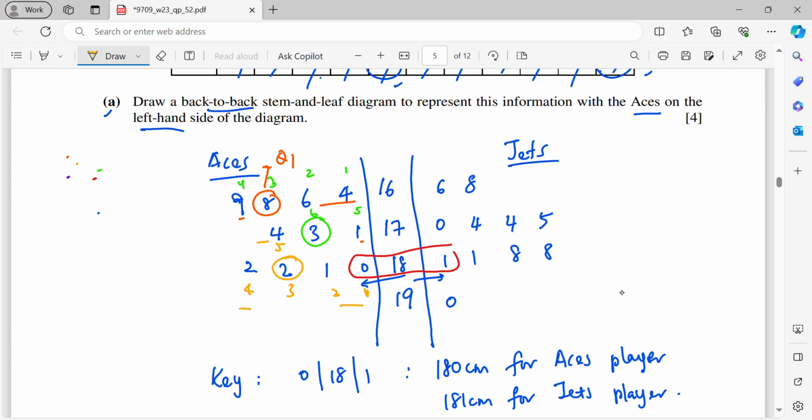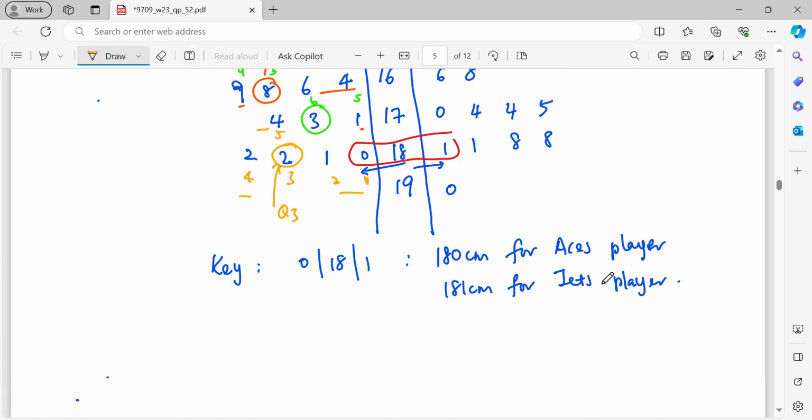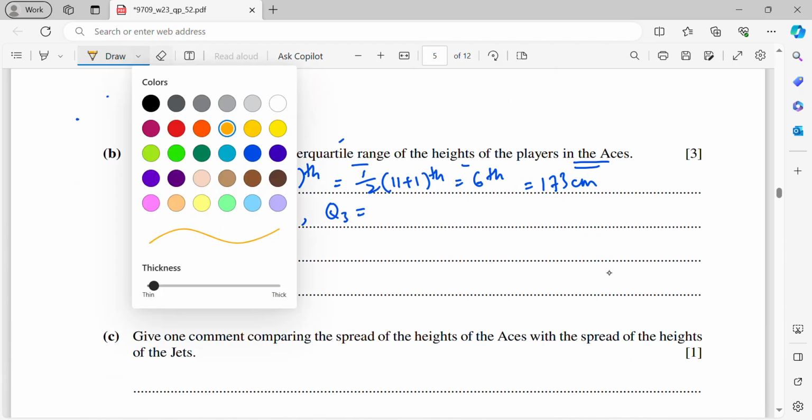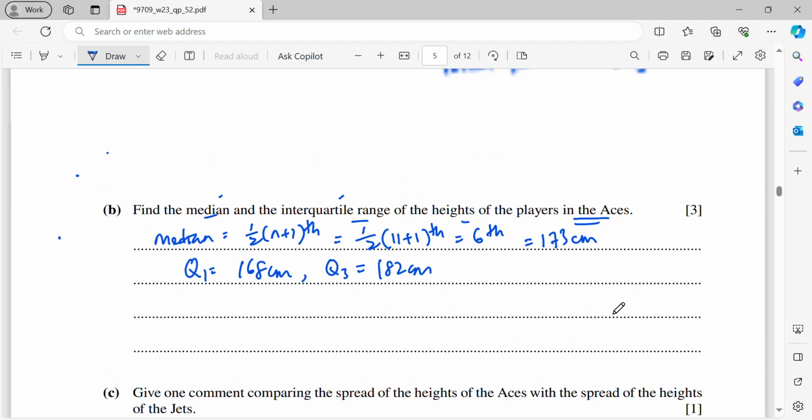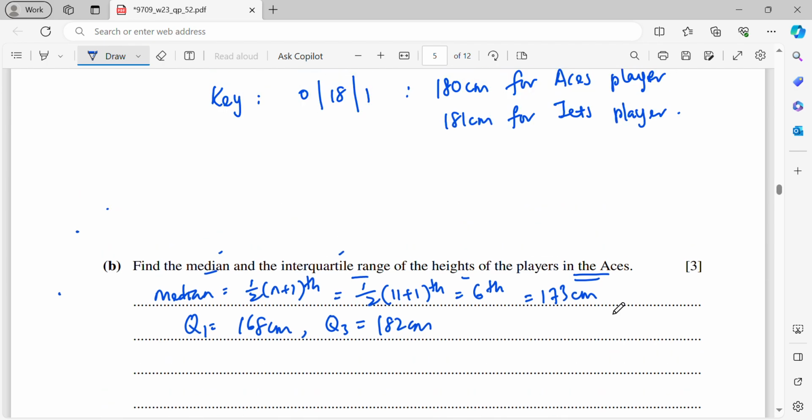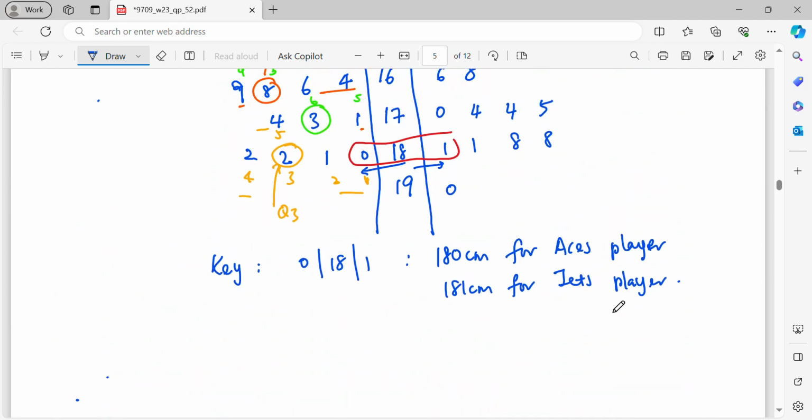So now obviously the Q3 is 182. Okay, so this is 182 centimeters. Okay, let me check.